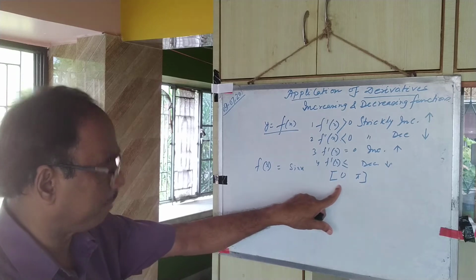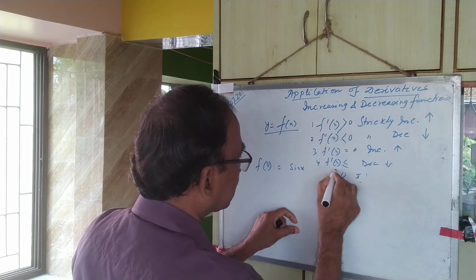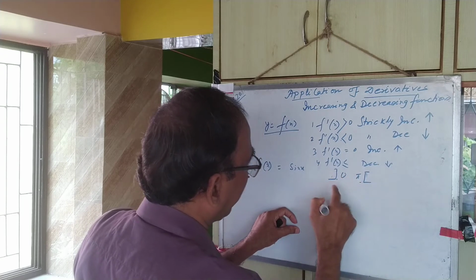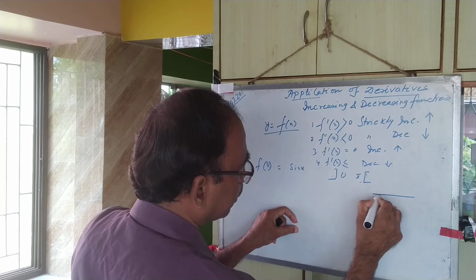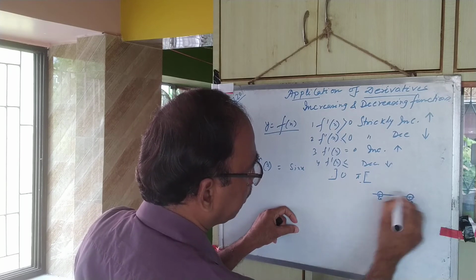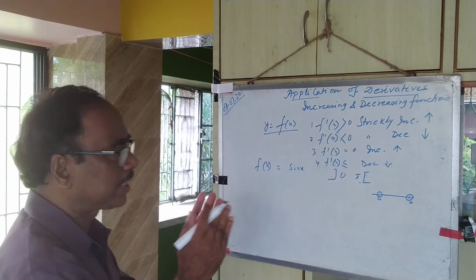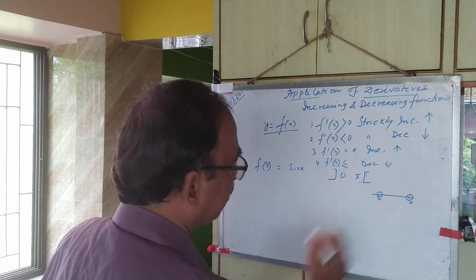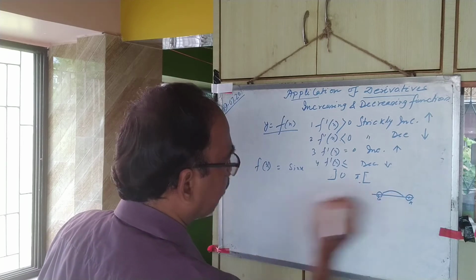This interval 0 to pi is an open interval, so 0 and pi are not included: 0 is less than x and x is less than pi. Within this interval.